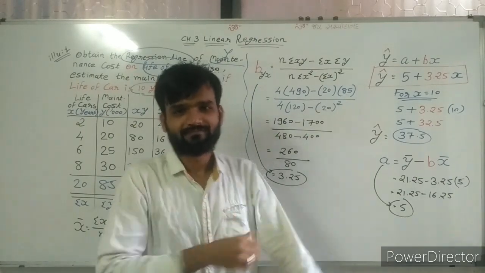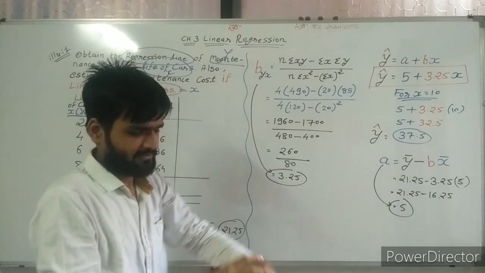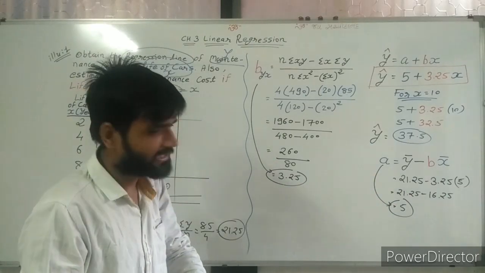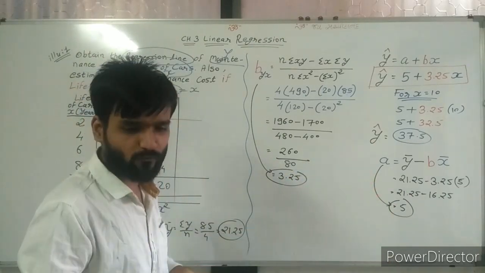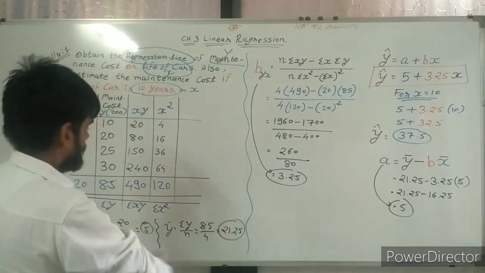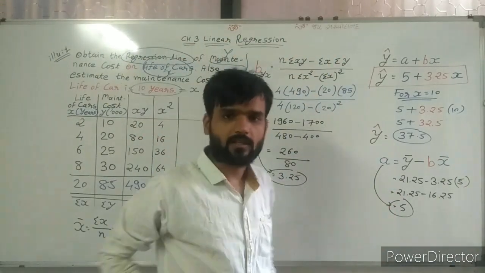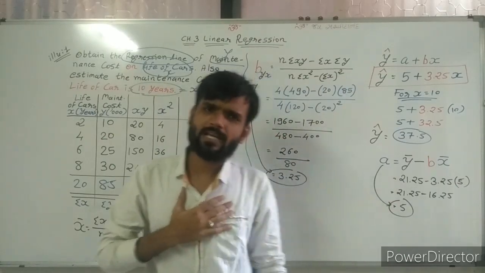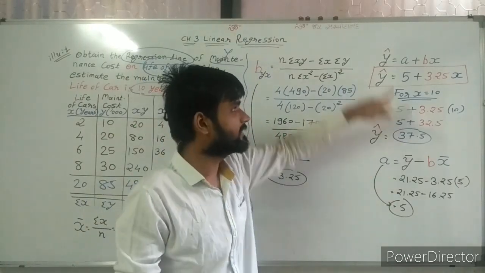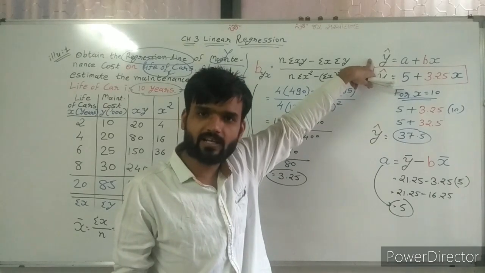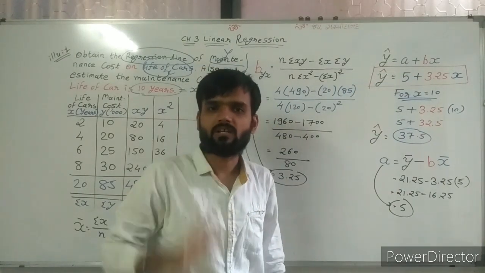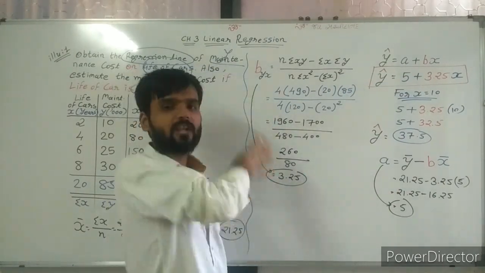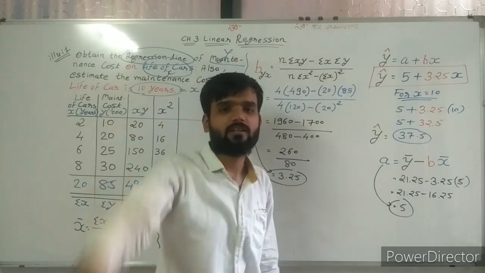Now, next, sir. So what is next? See and try to understand. Don't worry about it. This sum is 100% clear. So on the basis of this sum, we can say that whenever we need to find the y on x regression line, we need a and b. First find b, then find a, then find the regression line.